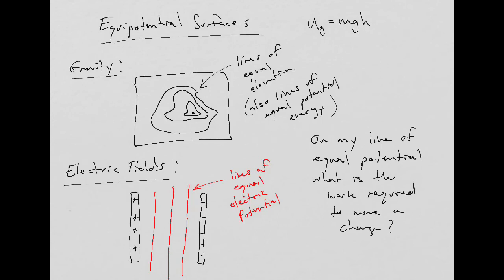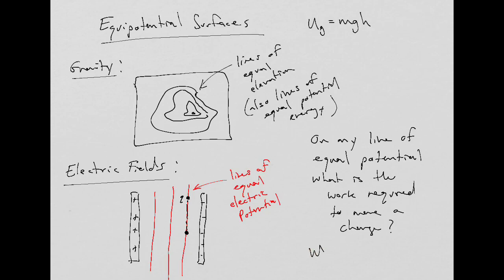So, what I'm asking here is, if we know that there's a line of equal potential right here, and I take a charge Q, and I move it along that line to another point that is still on that line, what would be the work required to do that? Take a second and think about it. But I will give you the answer. It has to do with our simple equation for how work is related to potential energy. Right?